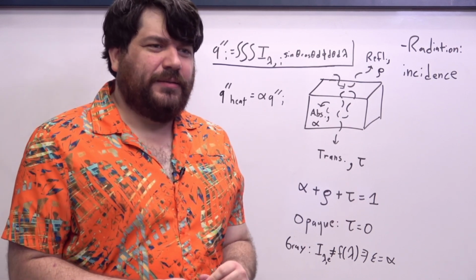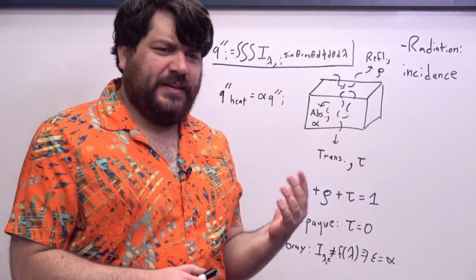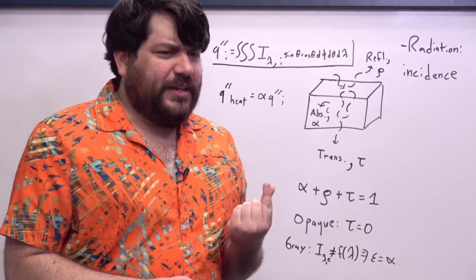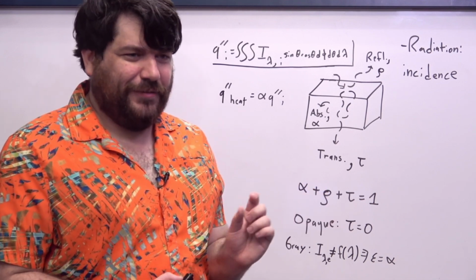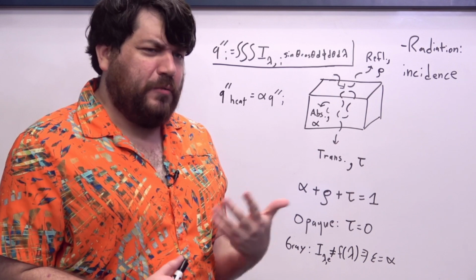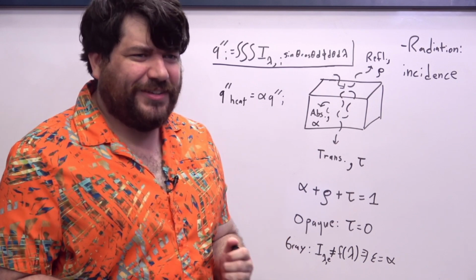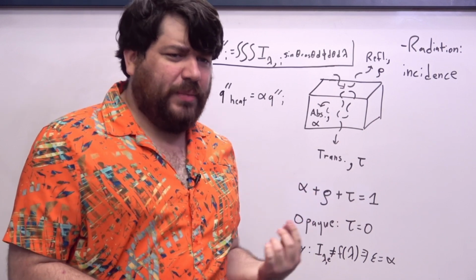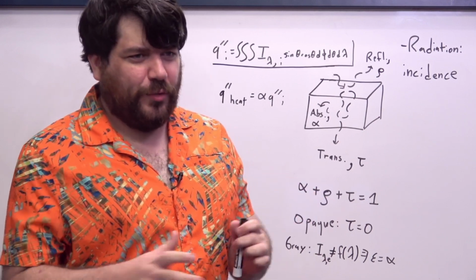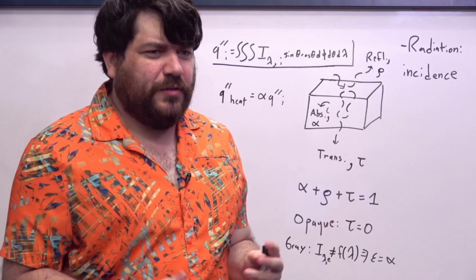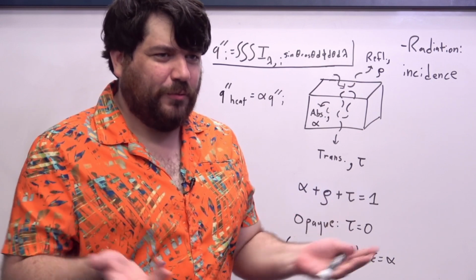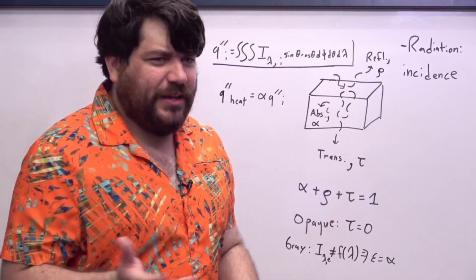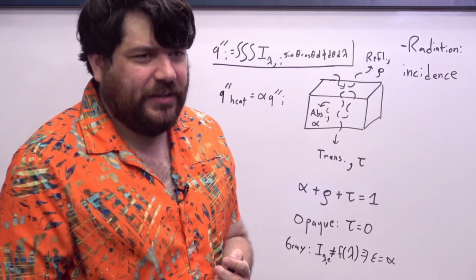Nevertheless, for particularly narrow bands of wavelengths, where we may prefer to focus our attention when it comes to radiation problems, we find that this opaqueness assumption might work. So if we're working with bands of wavelengths that are roughly in the infrared, then we can make the opaque assumption for, say, the human body.